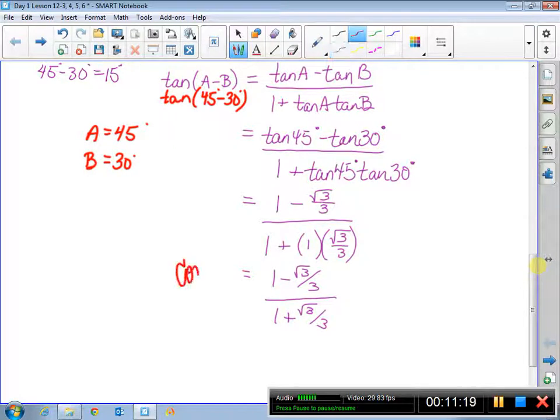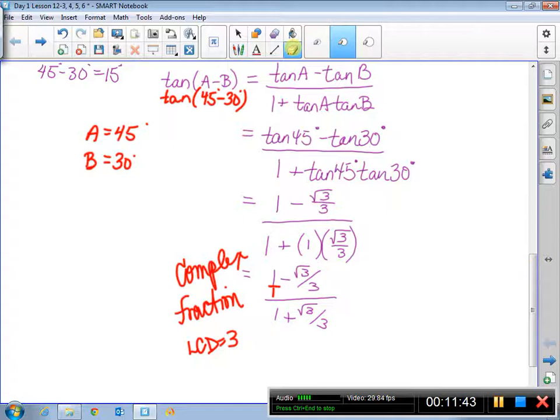Now this is a complex fraction. Complex fractions we did very early in the year. You need to remember you have to simplify those. So the way to simplify is to figure out your least common denominator. I've got 3's, so the LCD is 3. And then multiply each term by 3. I can get rid of those denominators.